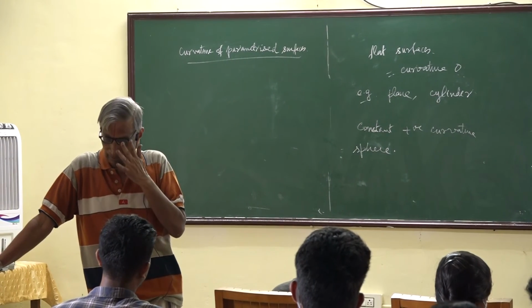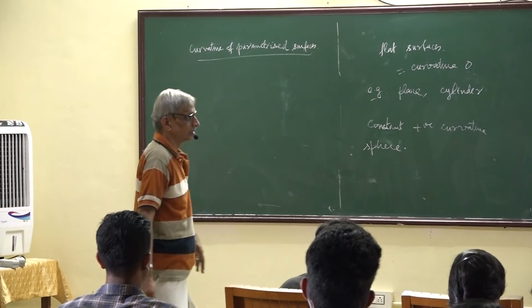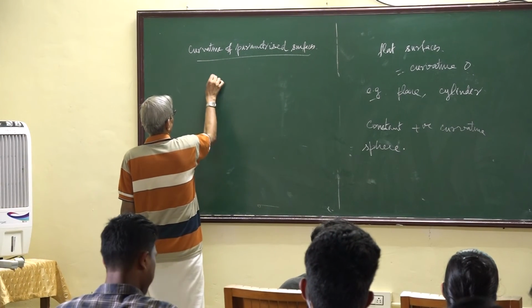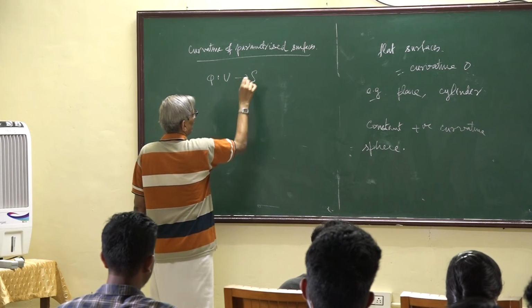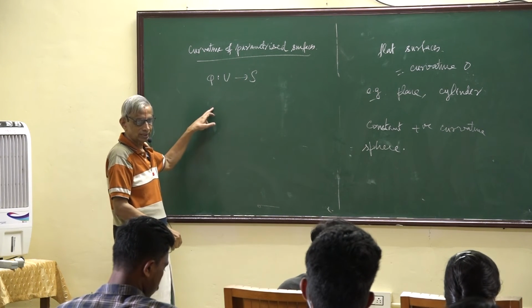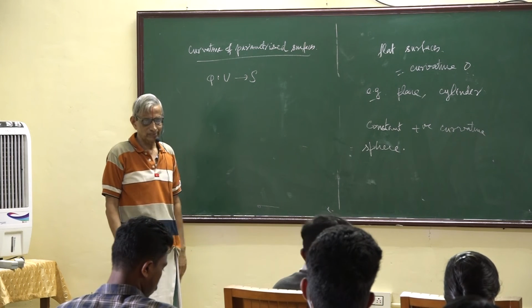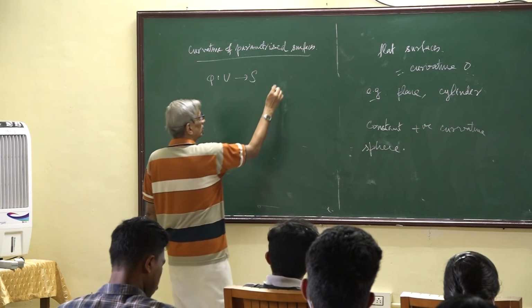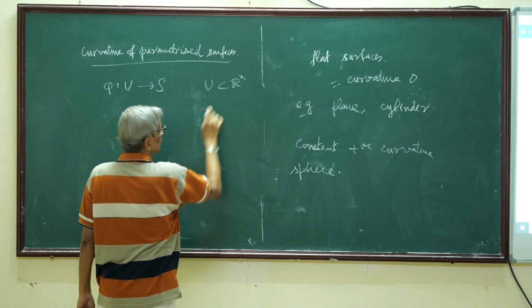So you have parametrization, which means what? You have maps U to S, right? We are going to look at only the two-dimensional surfaces this way. U is an open set in R2.